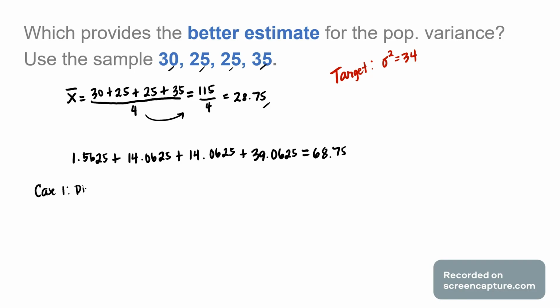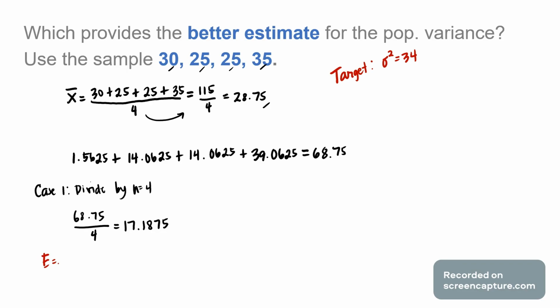When we divide it by n, which is 4. So what happens if we divide 68.75 by 4? The result here on the calculator is exactly 17.1875. How much error does this estimate have over the variance?